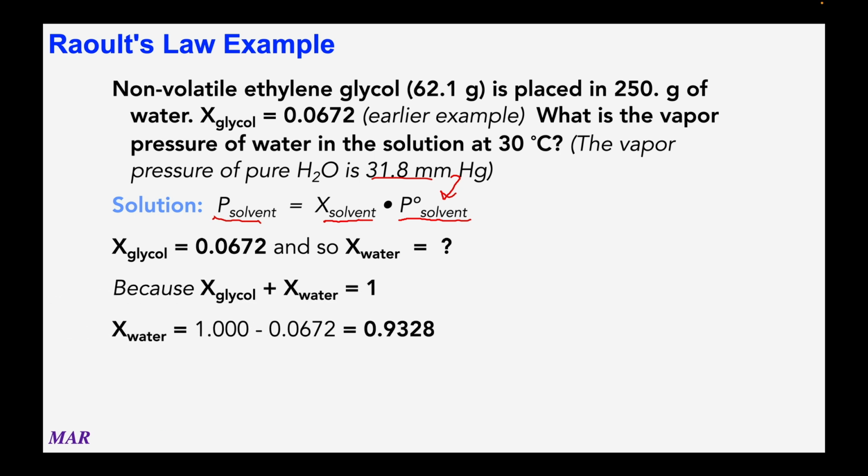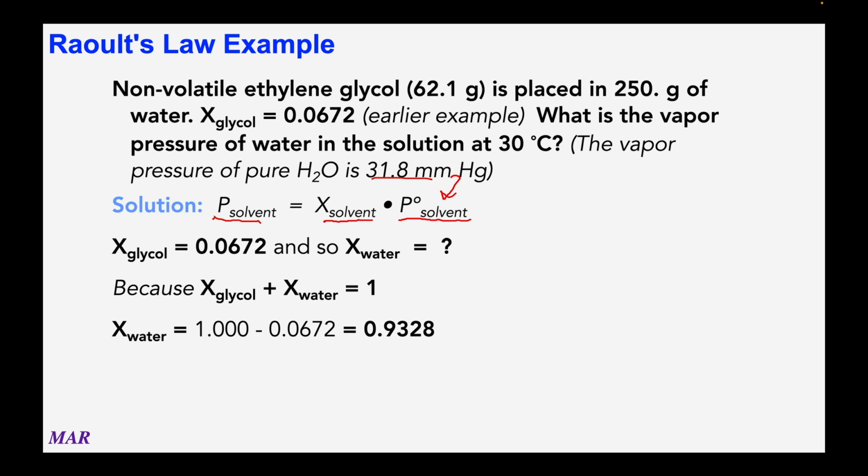So if you go 1 minus the mole fraction of the ethylene glycol, that gives you the mole fraction of the water, 1 minus 0.0672, mole fraction of water, 0.9328. So that's the chi solvent value that we need. I want to point out once again, this is mole fraction of solvent, not mole fraction of solute. A lot of times when we deal with concentrations, we're more interested in solute, but in this case, focus on the solvent.